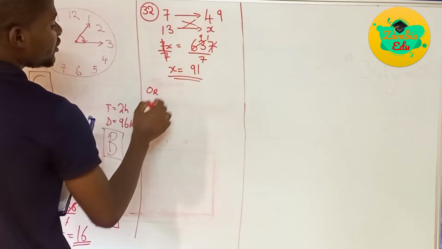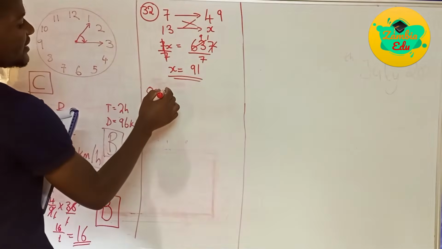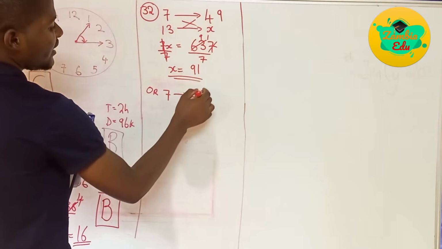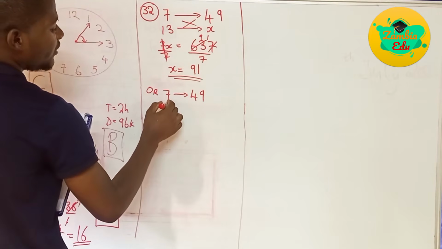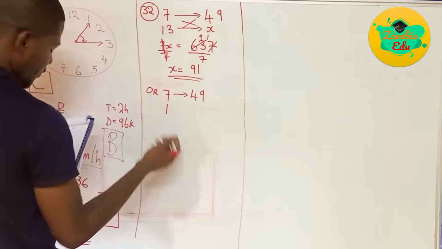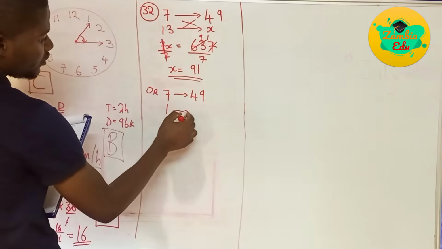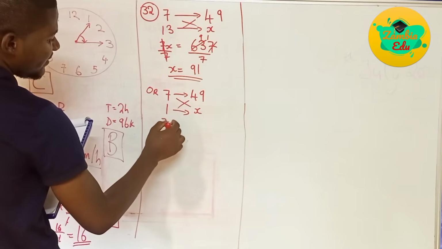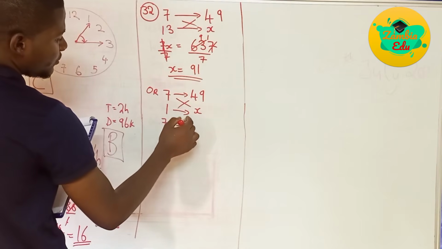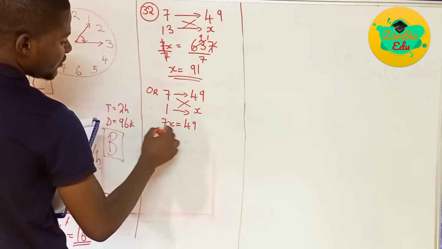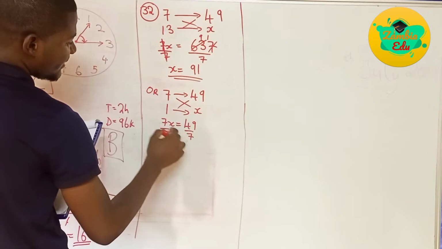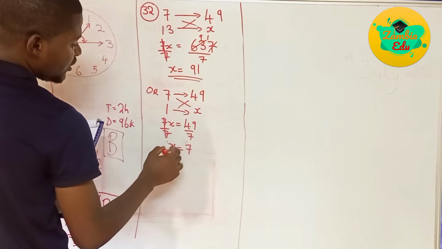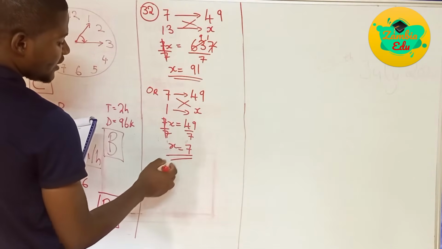Or the other method you can use, you can simply say if 7 is equal to 49, then what is the value of 1 packet of salt? It should be equal to x. Cross multiply gives you 7x being equal to 49. So you divide by 7, cancel that, your x is equal to 7. So now you know that 1 packet is equal to 7.